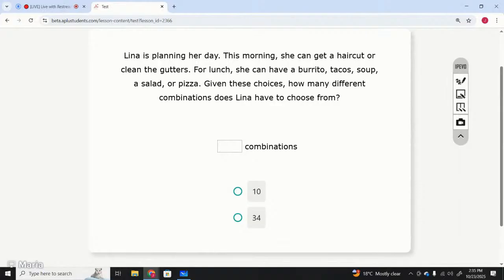Given these choices, how many different combinations does Lina have to choose from? That is 10. Option number 1 is the correct option.